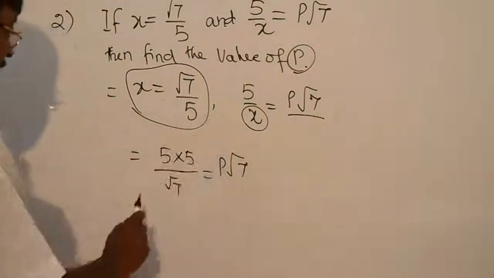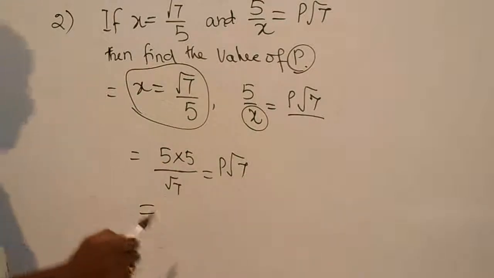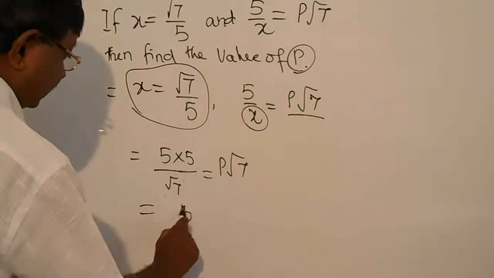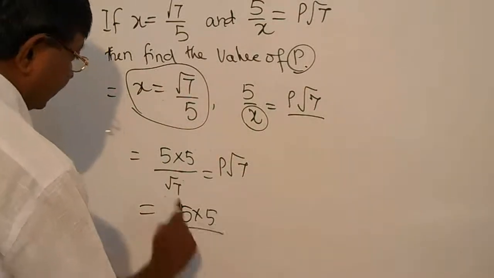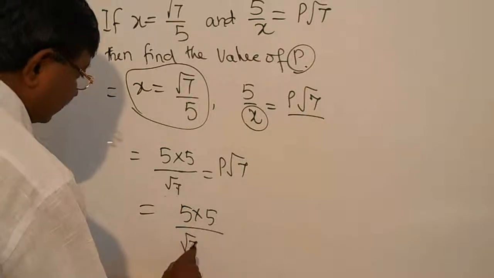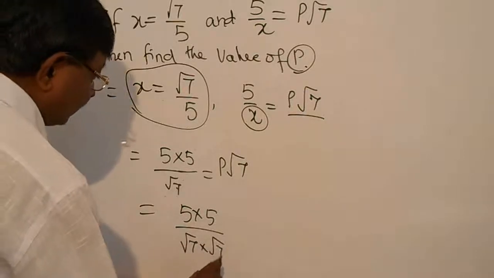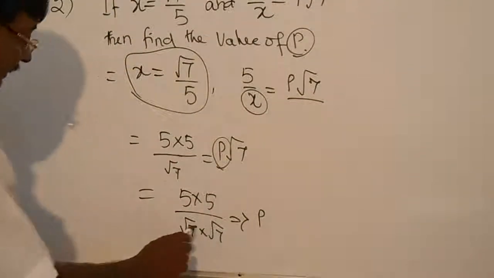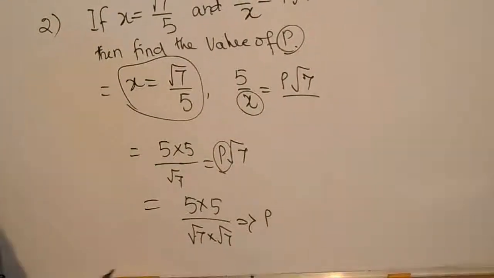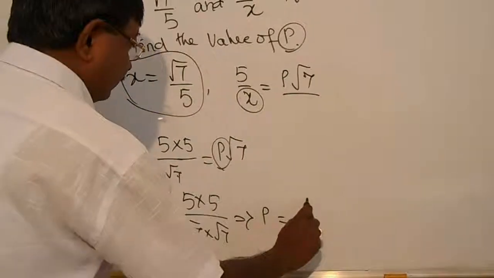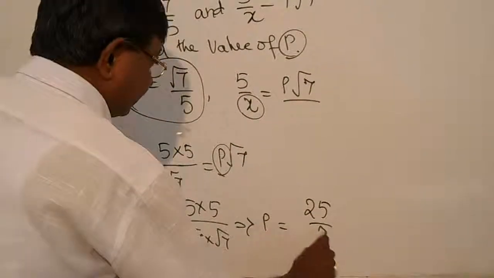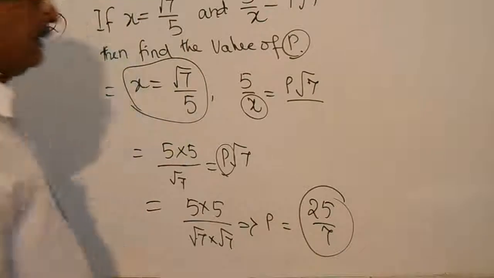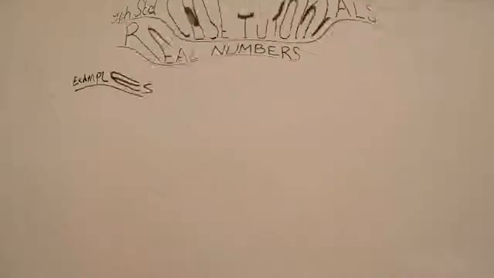I will take that root 7 to the denominator. So my answer here is 5 by 5 divided by root 7 into root 7, which is equal to p. Now p is 25 by 7, the answer for the value of p.